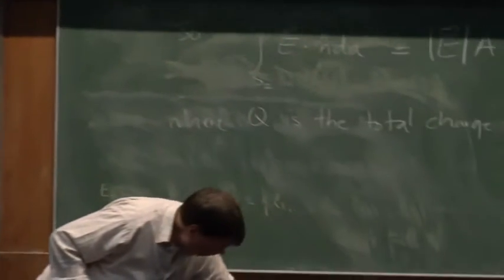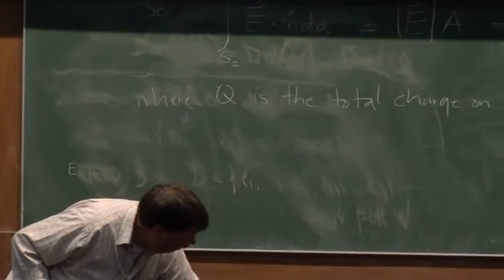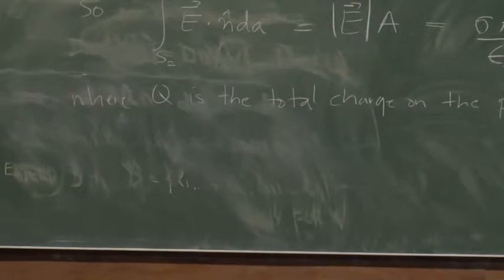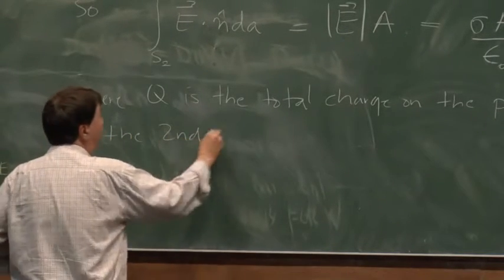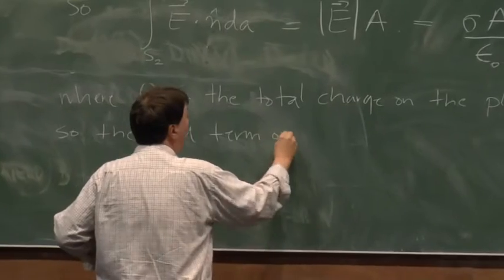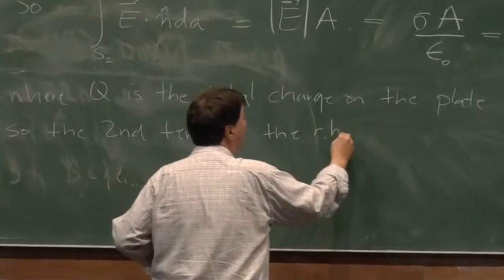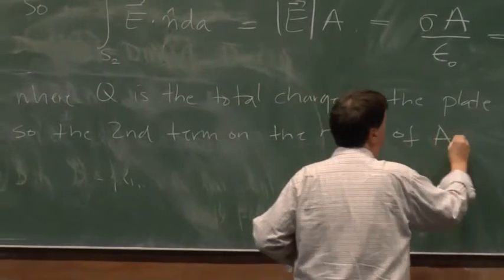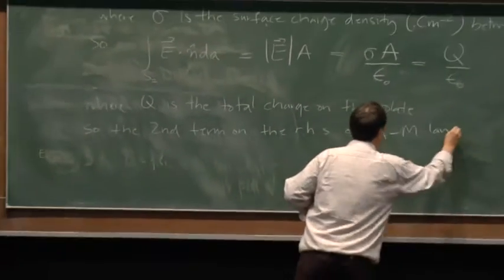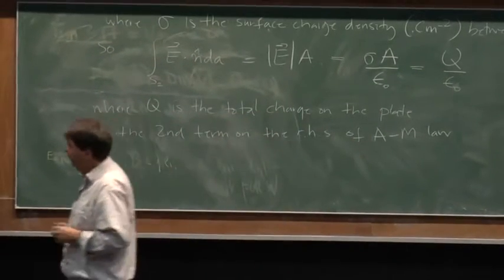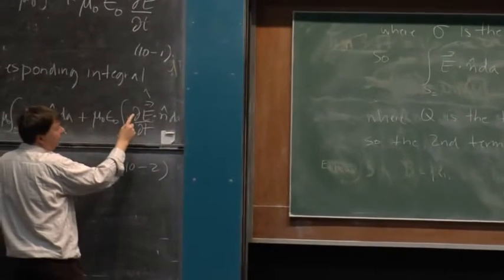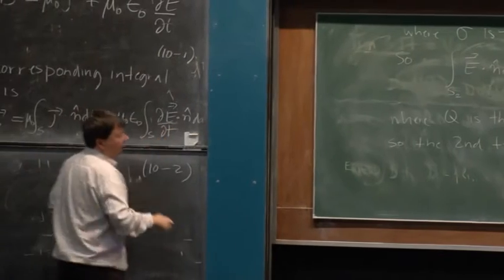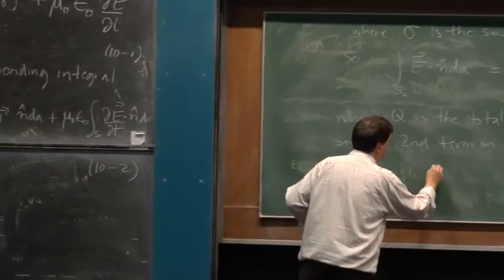We're now getting very close. You can probably even see the answer emerging. So the second term on the right hand side of the Ampere-Maxwell law, the whole lecture's about the Ampere-Maxwell law, is mu naught epsilon naught d by dt of Q over epsilon naught.